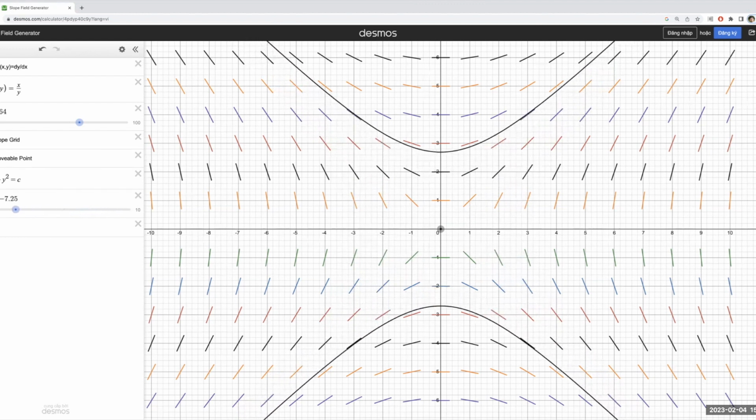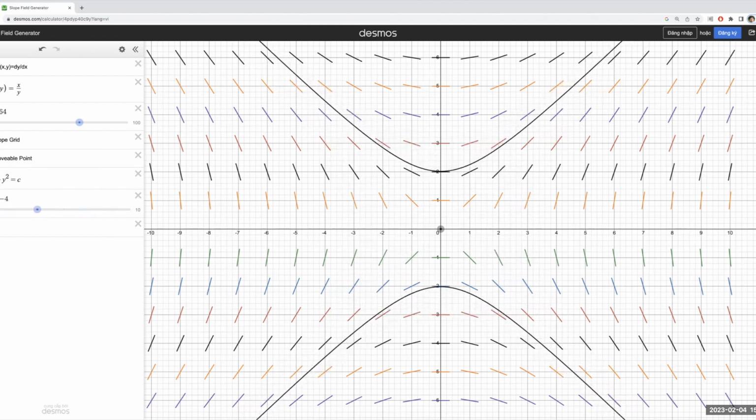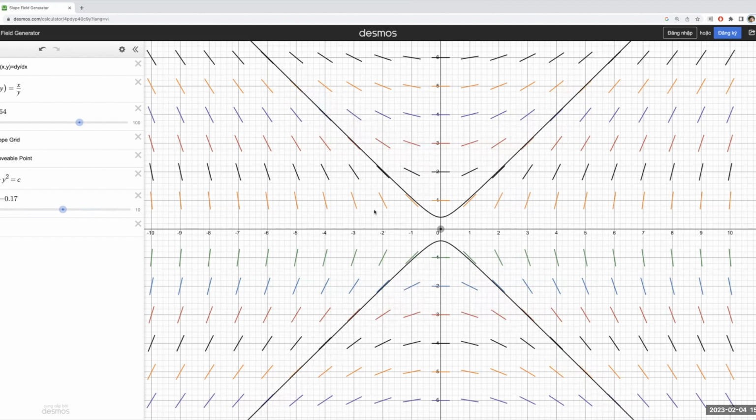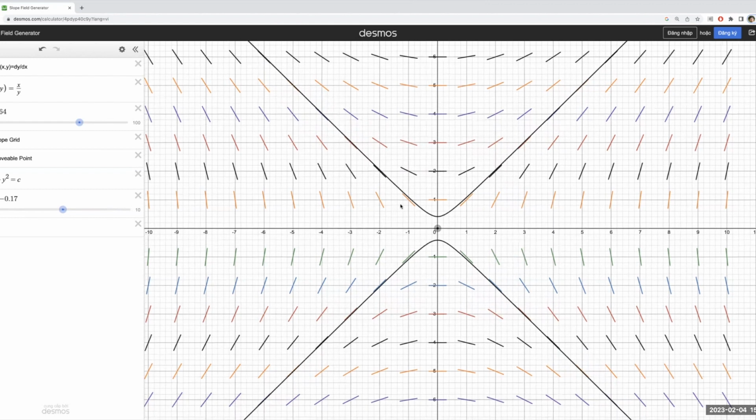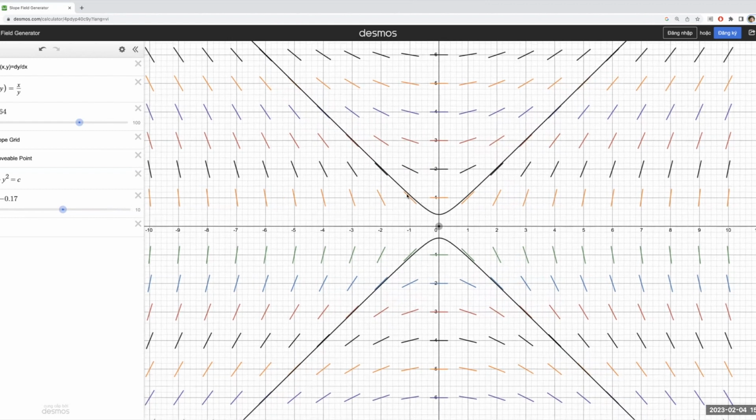And we can see that for each of these solutions, the slope lies tangent to the slope field at every point. Obviously, the slope field only illustrates it for integer points, but every single point, including decimal ones, has a corresponding slope there, and the solution lies tangent to that slope.